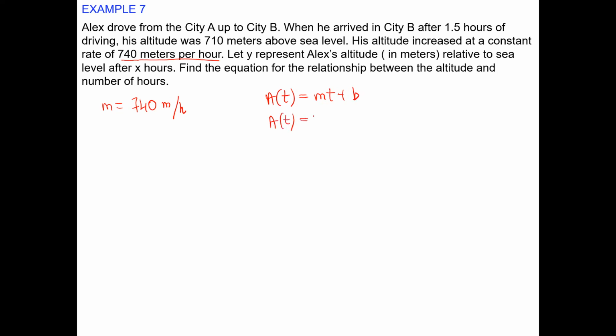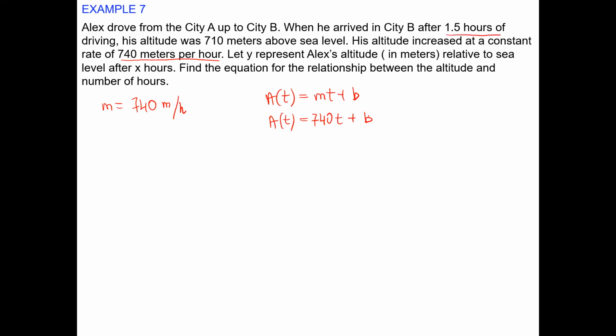We know the slope, because it's 740 meters per hour. And then we just need b, the y-intercept. But what information do we have? It's just enough if we have 1 point given. We may have different approaches, but I see some important information.